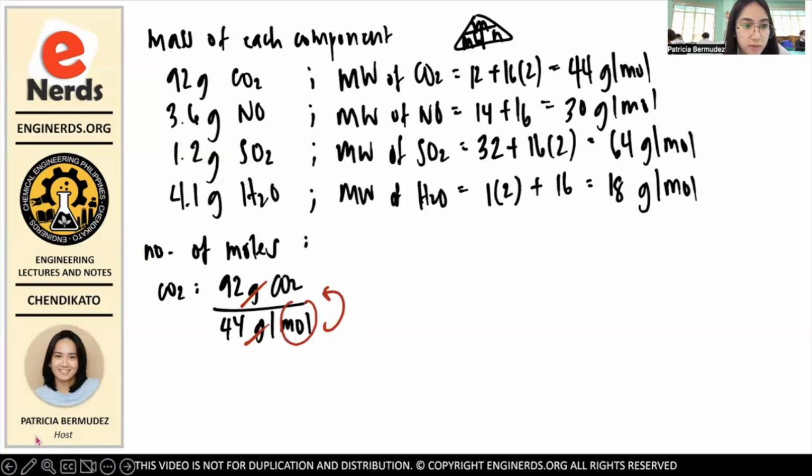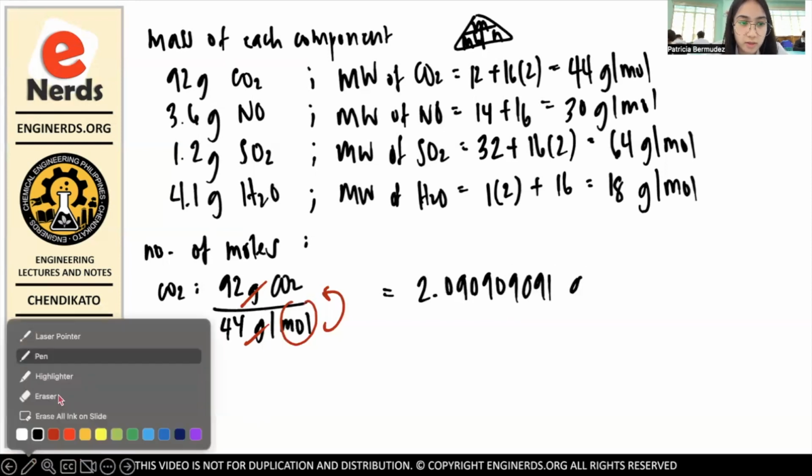Okay? So the number of moles of carbon dioxide in the sample is 92 divided by 44. That is 2.0909090901 moles of carbon dioxide.